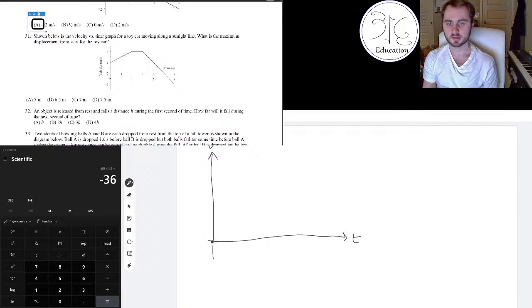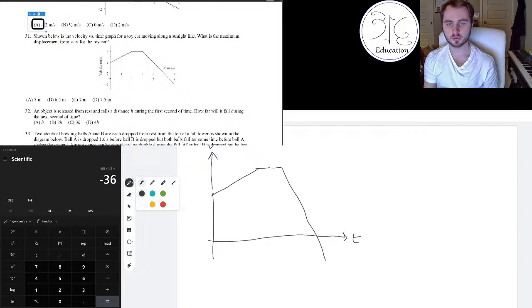Our maximum displacement is going to be before it crosses 0. We've got something kind of like this. It's not drawn to scale. Oh, it's much wider than I drew. This is more like that. Yeah, let's do that instead.